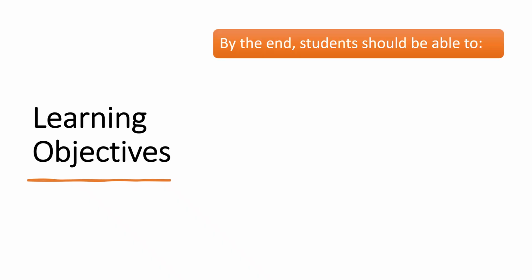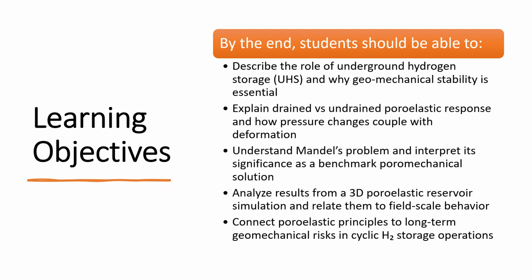So before we dive into the technical part of this material, I want to outline what students should take away from this lecture. Firstly, students should understand why hydrogen storage is important in this emerging technology.